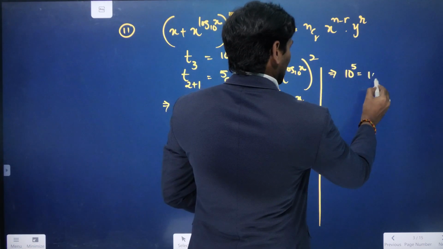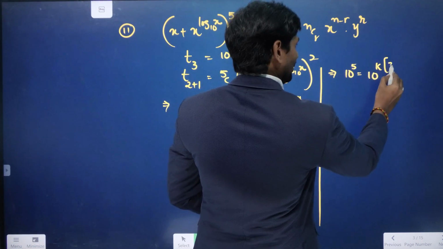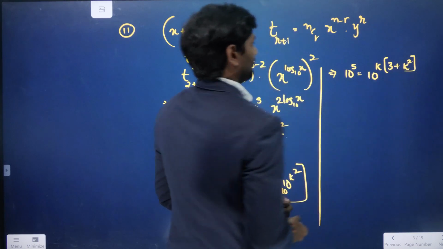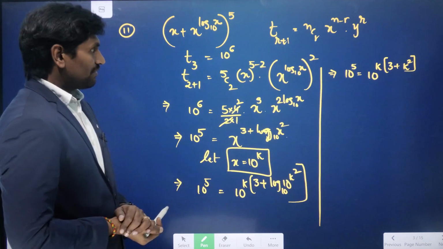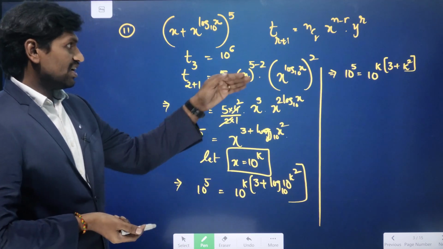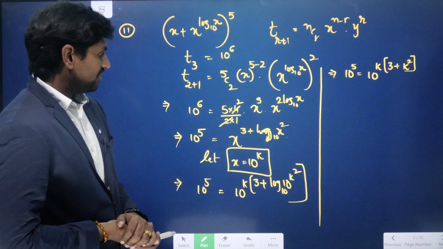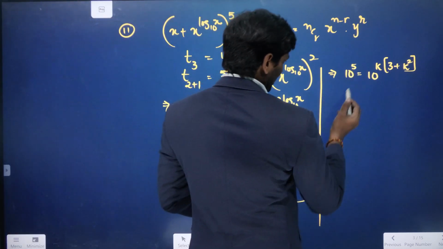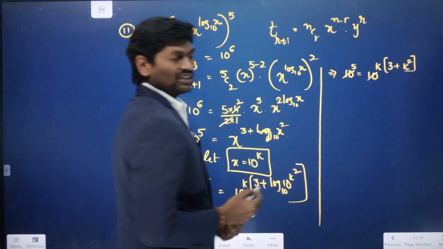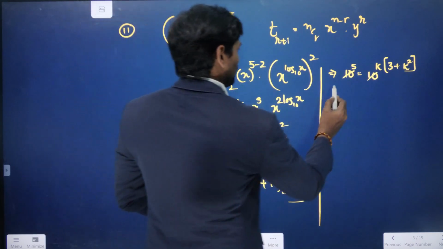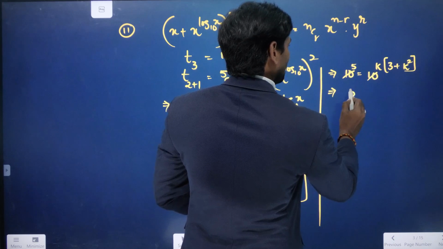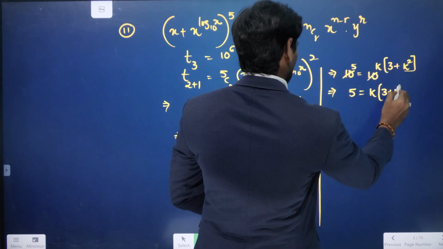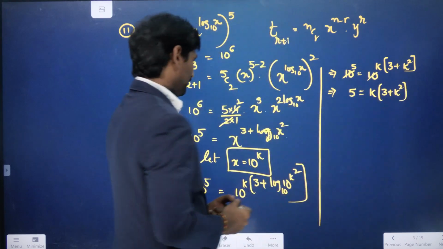So from this we can write 10 power k into 3 plus k squared. The bases are the same, so we can equate the exponents. So from this we can say that 5 equals k into 3 plus k squared.